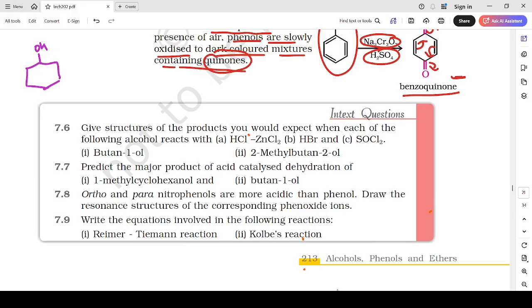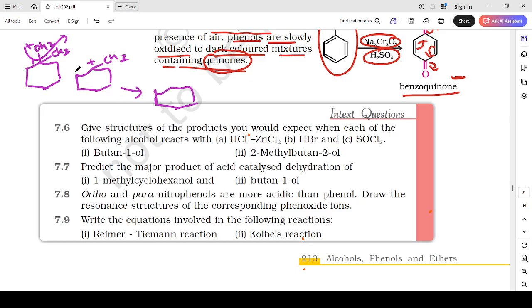Ma'am, is it 1-methyl cyclohexene? Very good. That's the right answer. You're having 1-methyl cyclohexanol here. This is the structure of 1-methyl cyclohexanol. At the same position itself, methyl is also present. So in this acid catalyzed reaction, I get plus OH2. This cleaves away. So I'll form a carbocation with CH3. Two possibilities are there.